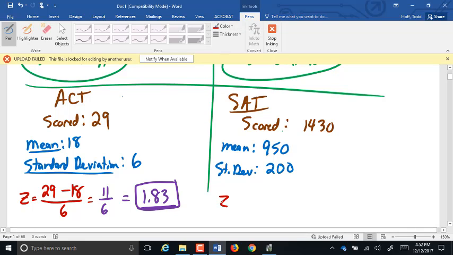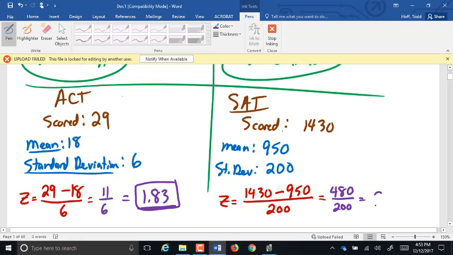Let's find the z-score for student B. Their number was 1,430 minus the mean of 950 divided by the standard deviation of 200. Well, we subtract, 1,430 minus 950 is 480.